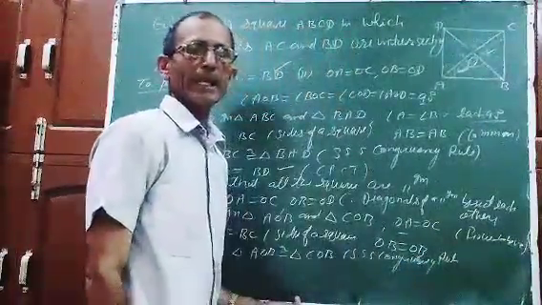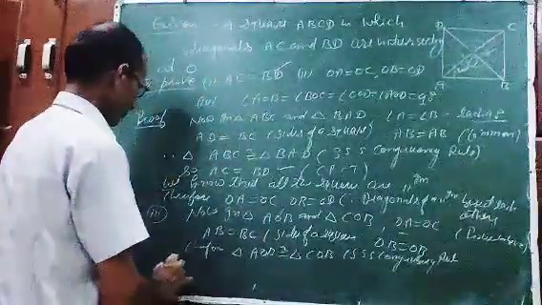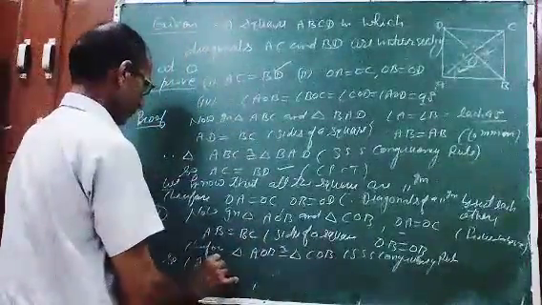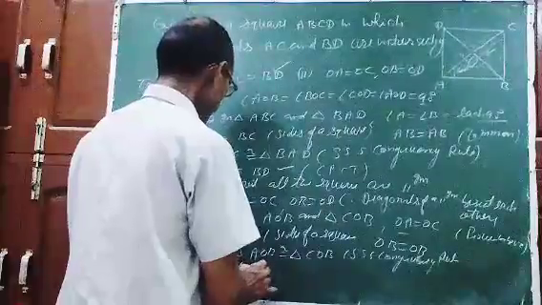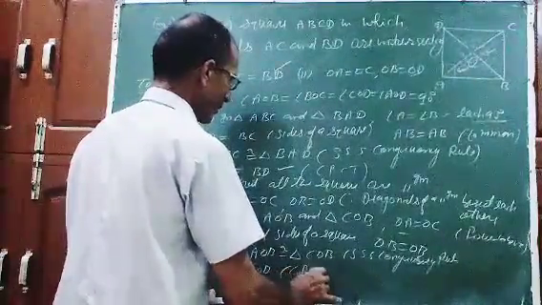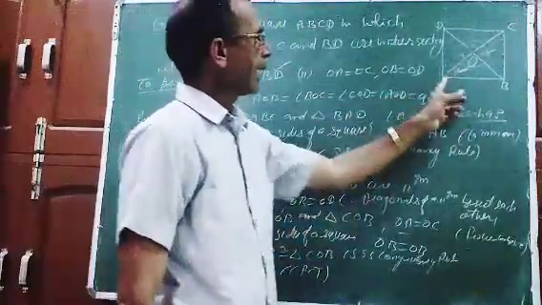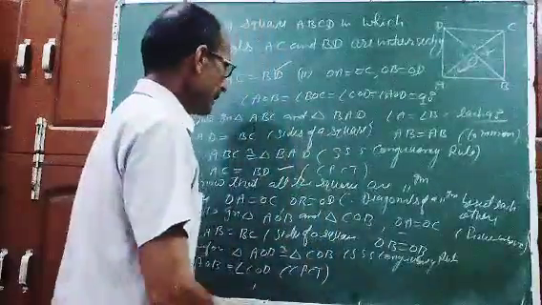Triangles are congruent, therefore their corresponding parts are equal. So angle AOB is equal to angle COB, CPCT, corresponding parts of congruent triangles.